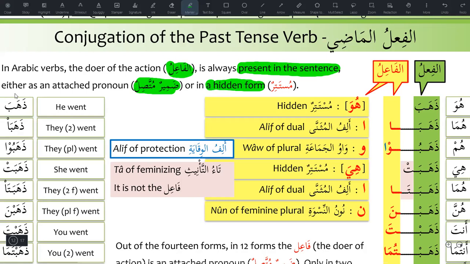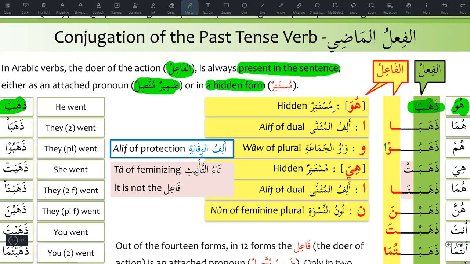Like zahaba, you note here zahaba means he went, and huwa is hidden there. This huwa is hidden in zahaba.